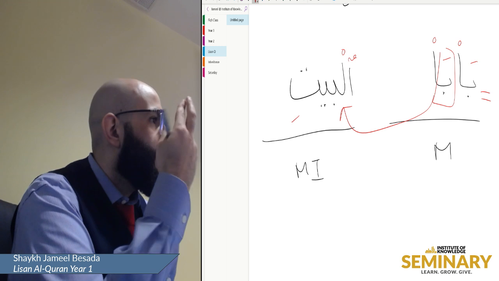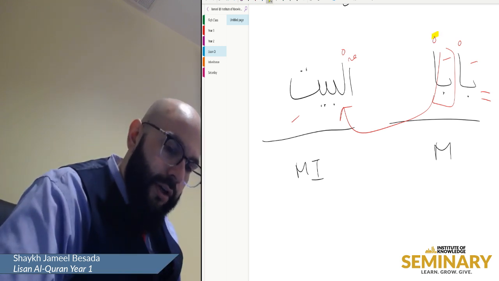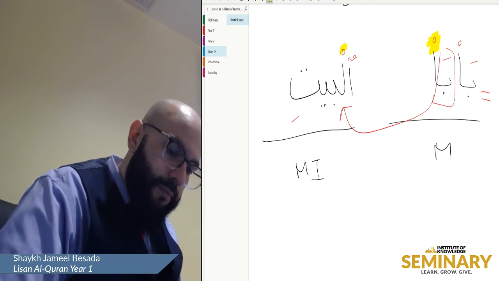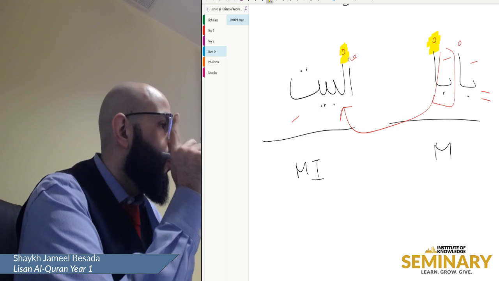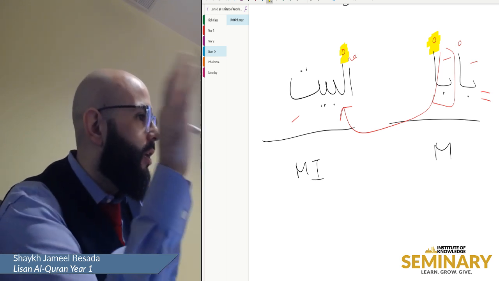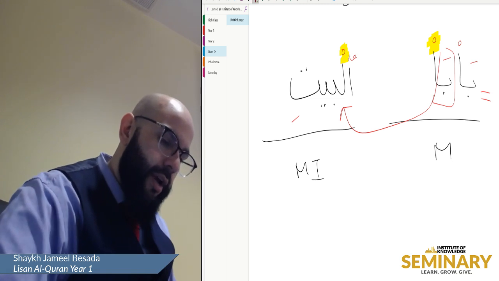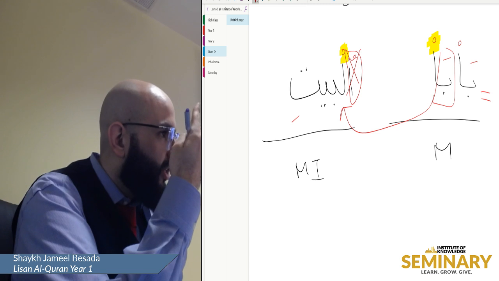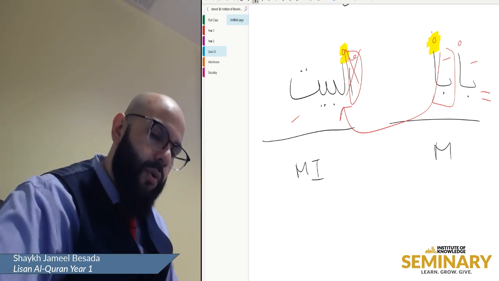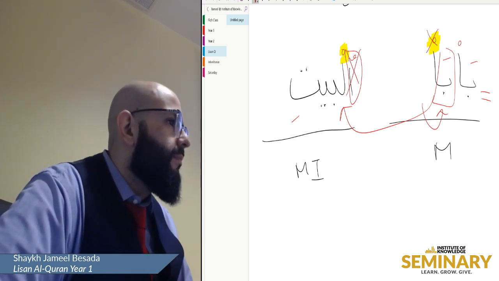Haram. Hamzatul wasl, when it's preceded by something, you pretend like it's not even there. So now we have two sukoons that are touching. We need to lose one of them. So we're going to lose this one and connect it to the letter before. Babal bayti.